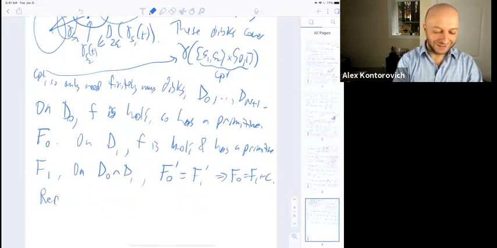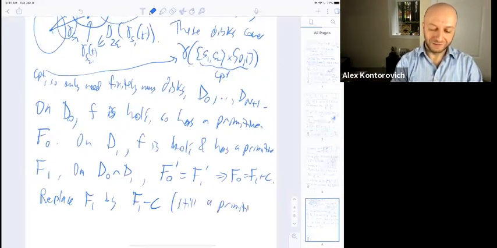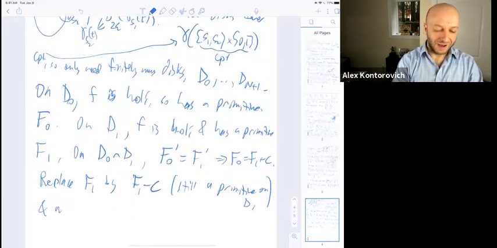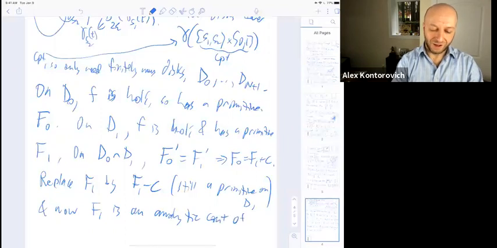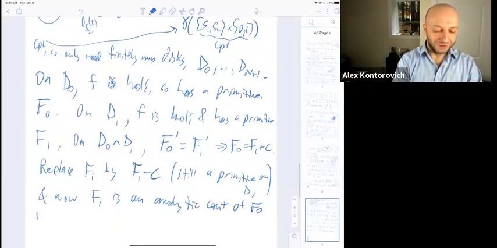Replace F1 by F1 minus this constant. That's still a primitive on D1. And now F1 is an analytic continuation of F0, since they exactly agree on the intersection. F1 is an analytic continuation of F0 to D0 union D1.